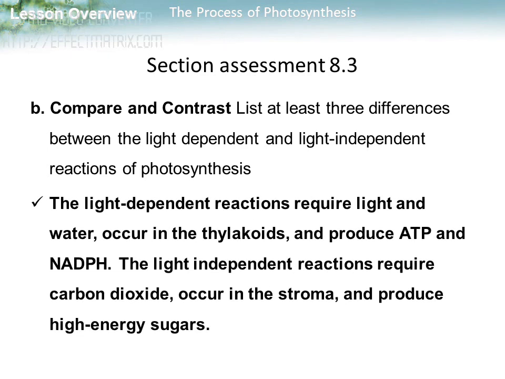Yes, the light-dependent reactions require light and water, occur in the thylakoids, and produce ATP and NADPH. The light-independent reactions require carbon dioxide, occur in the stroma, and produce high-energy sugars.